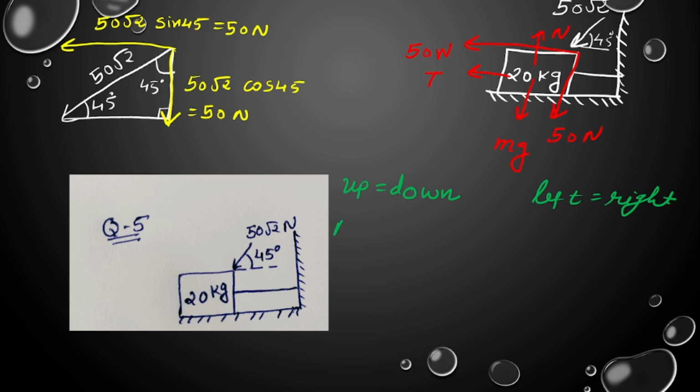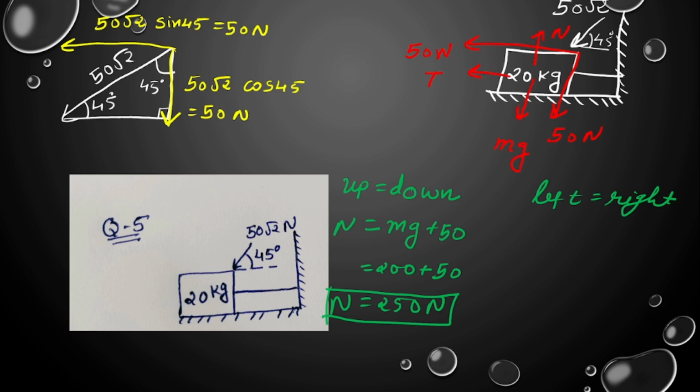Up is normal and down equals mg plus 50. mg is again 20 into 10, 200, plus 50. So normal will be 250 Newton. Normal is 250 Newtons.